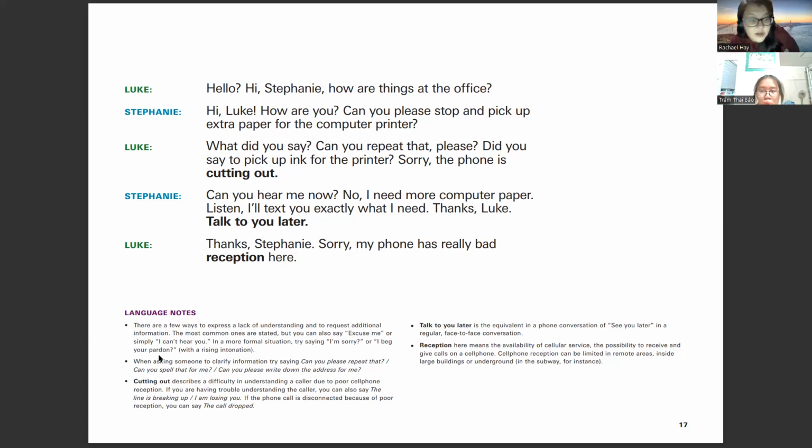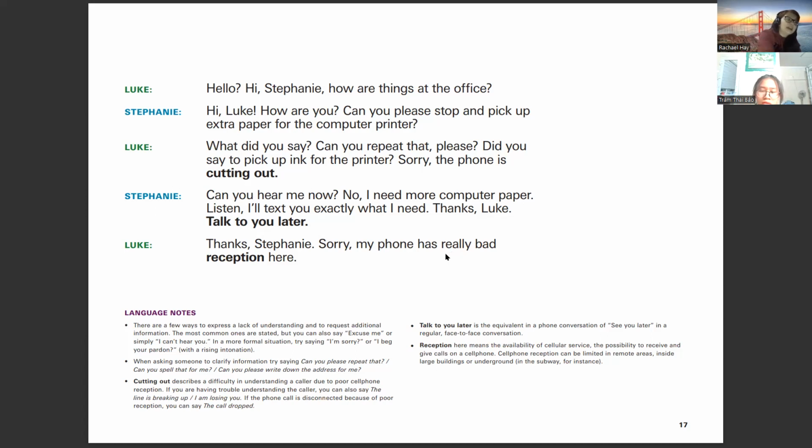So the same as number 2, when asking someone to clarify information, try saying, can you please repeat that? Or can you spell that for me? Or you can even say, can you please write down the address for me? So those are other ways for you to get the information without asking them to repeat themselves.